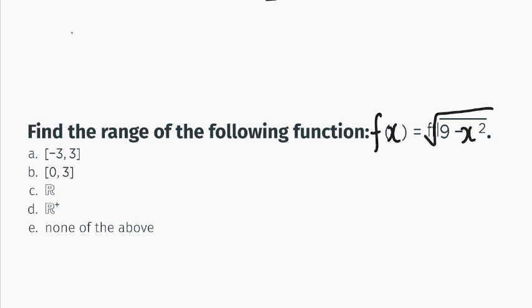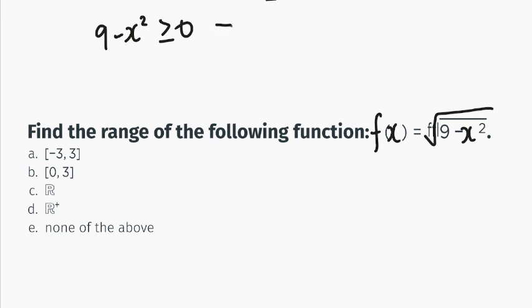So the domain is the defined values of x. So note that the inner function of a square root should be greater than or equal to 0. So we have 9 minus x squared should be greater than or equal to 0.